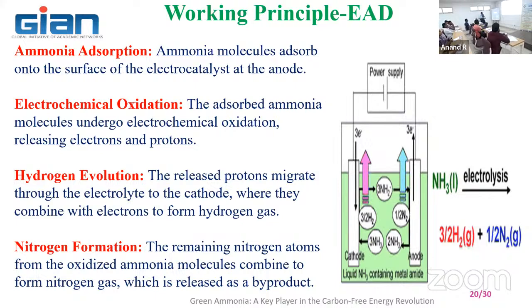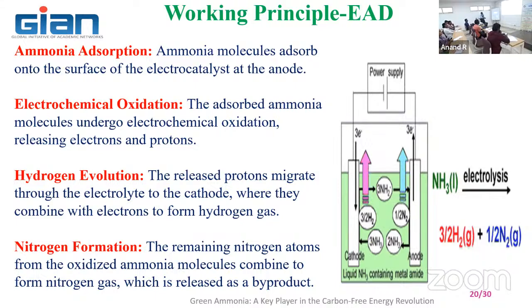So here you can see it is similar to the electrolysis process. The ammonia may be entered in the gaseous or liquid state into the anode side. Ammonia breaks down into positive ions and negative ions. Here the positive ion is nothing but hydrogen, and the negative ions are nothing but nitrogen and electron.